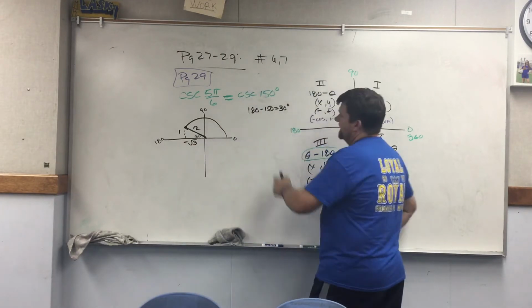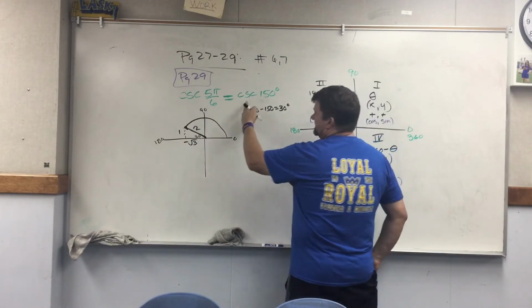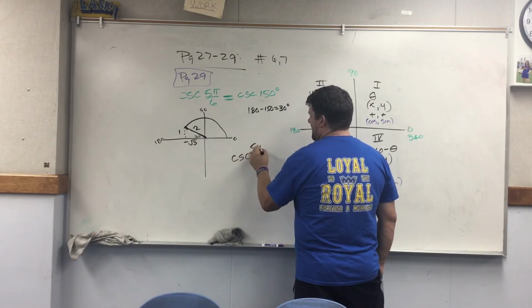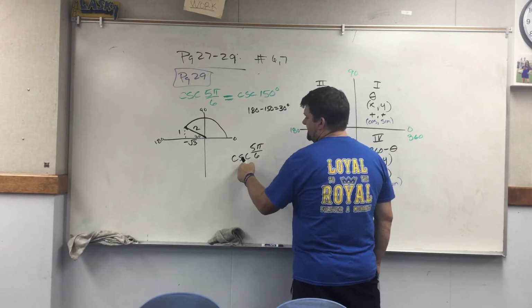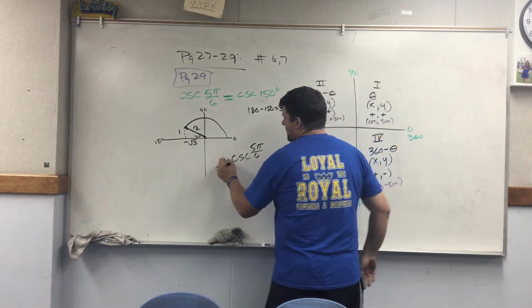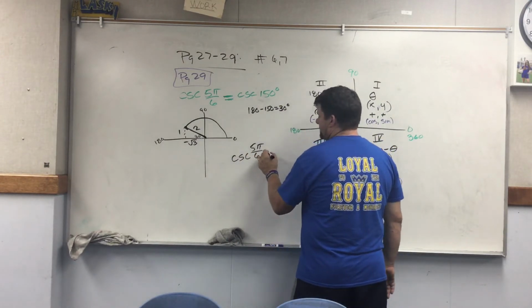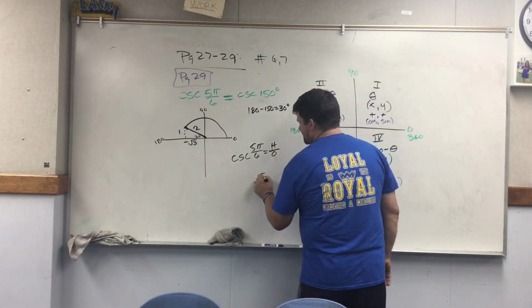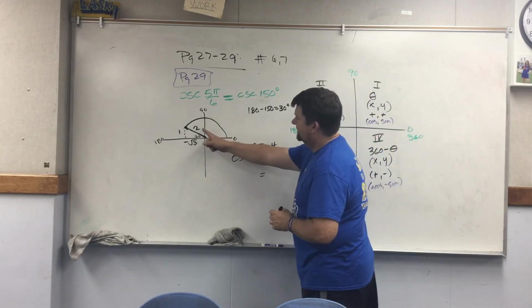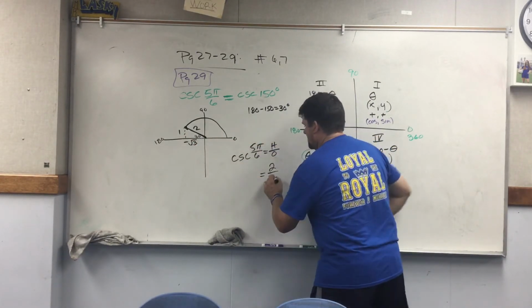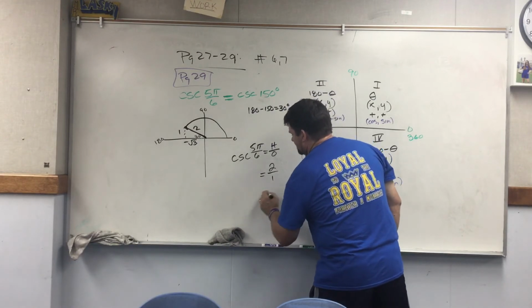So now I've got to decide, what does cosecant equal? Cosecant of 5 pi over 6. Cosecant is the inverse of sine. So this is actually going to be equal to hypotenuse over opposite, which is 2 over 1, which is equal to 2.